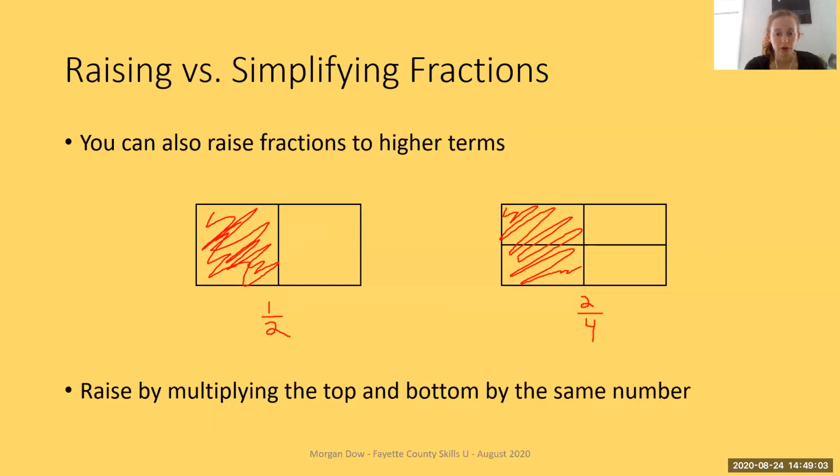So if we didn't feel like drawing pictures, but we had 1/2 and we knew we wanted to change it into 4ths, we would multiply the top and the bottom by 2. 1 times 2 is 2. And 2 times 2 is 4.